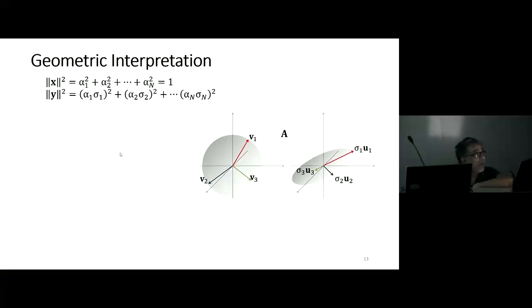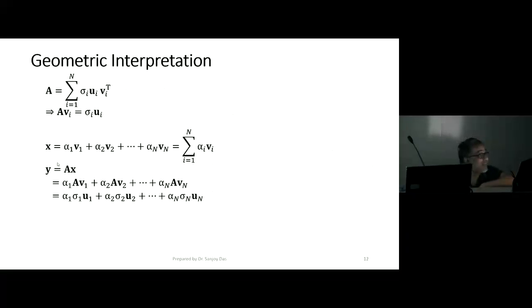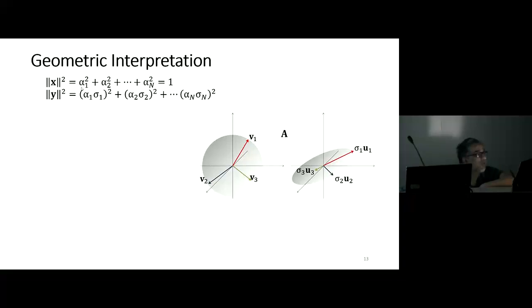So what's happening? Suppose X were equal to V1. Remember, what's X? X is alpha 1 V1 until alpha n Vn. If alpha 1 equals 1, then X would be V1. So let's say alpha 1 equals 1. What is the amount of stretching that you would get?